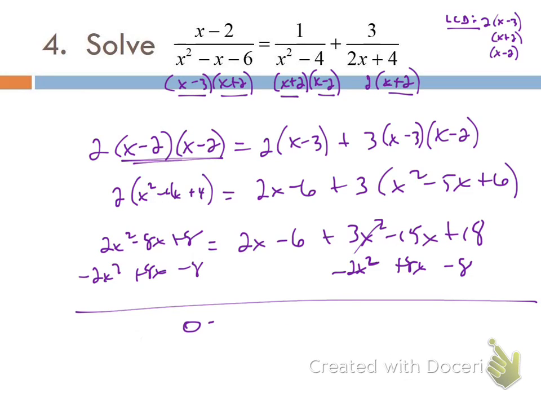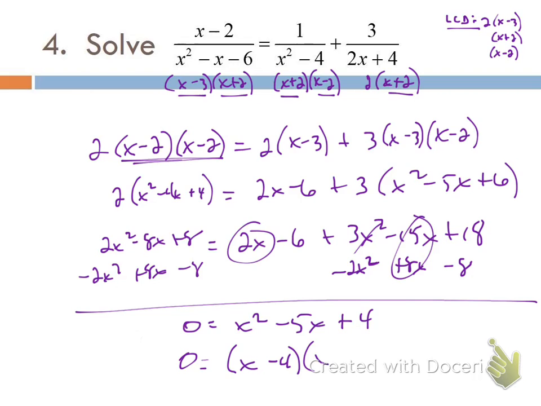And our equation actually turns into 0 equals x squared minus 5x by the time you combine these guys. And then negative 6 plus 18 is 12, minus 8 is 4. Now we want to factor into x minus 4, x minus 1, and we solve with solutions of 4 and 1.